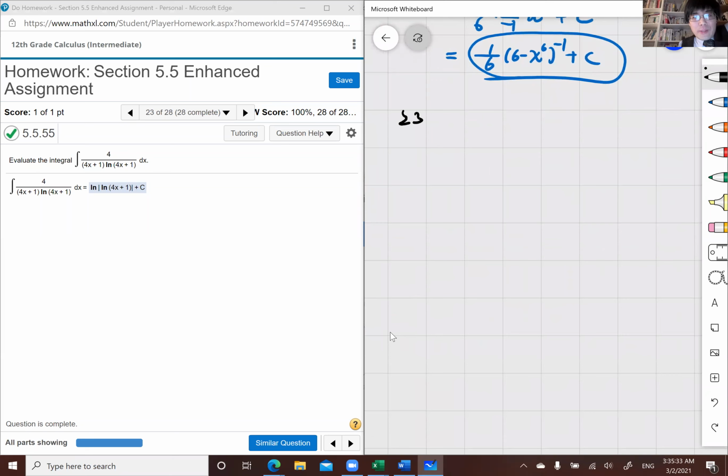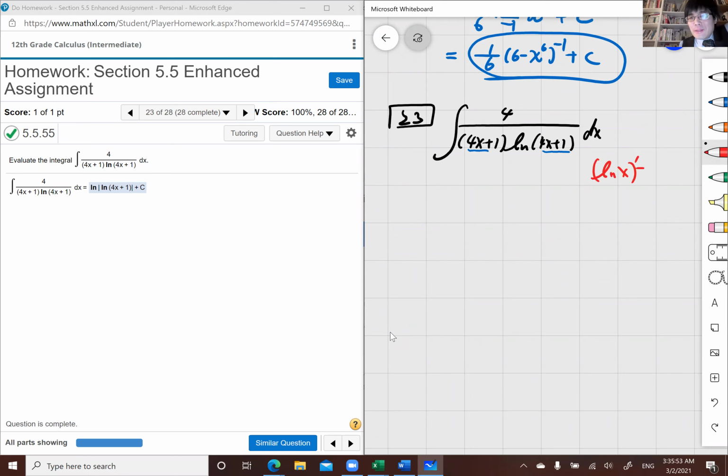Okay, number 23. Integral of 4 over 4x plus 1 times natural log of 4x plus 1 dx. You notice that they have the same thing here. Remember that the derivative of ln x is 1 over x. So you see that if you put ln x as u, then this part is going to be du.